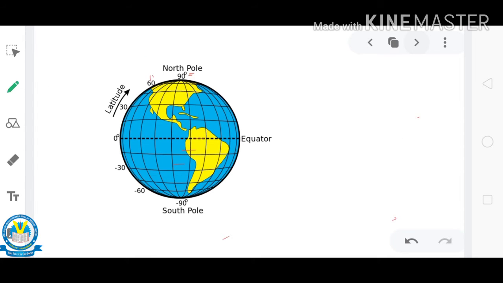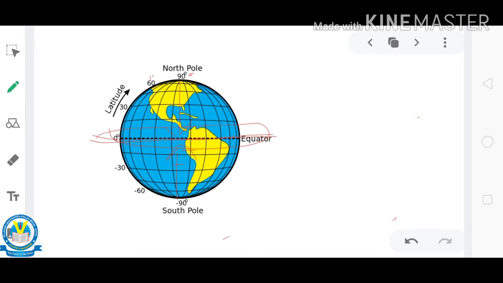First of all, the horizontal circle that goes around the globe exactly in the middle, at equal distance from the North and South Poles, is called the equator.